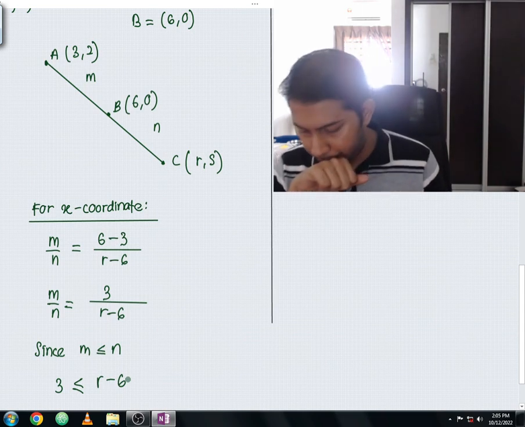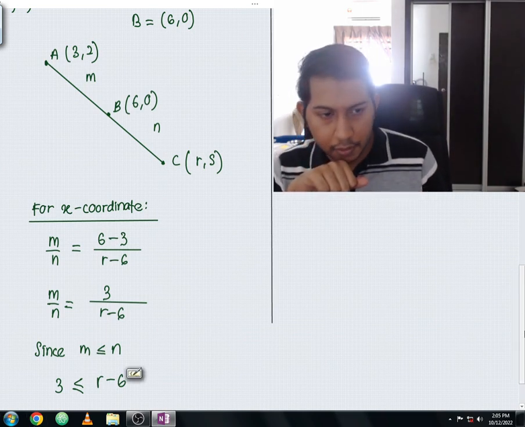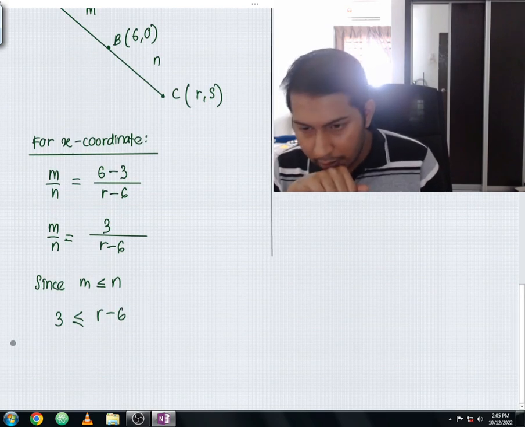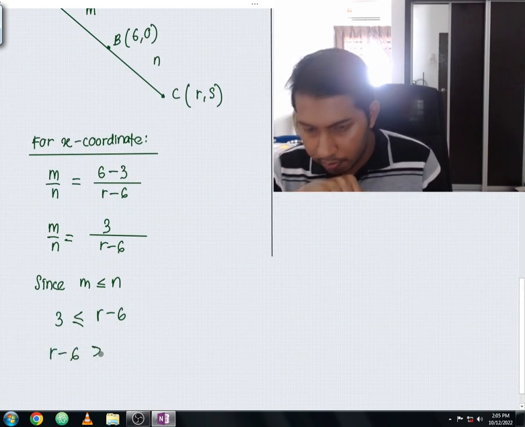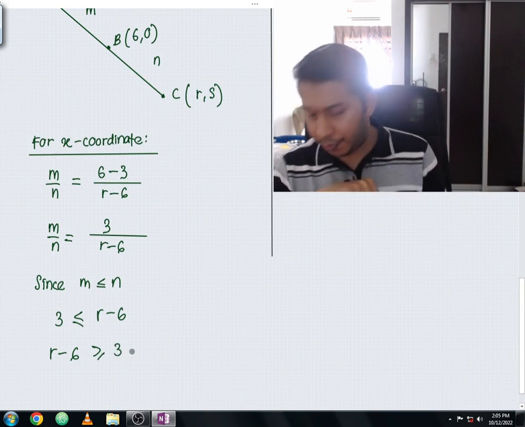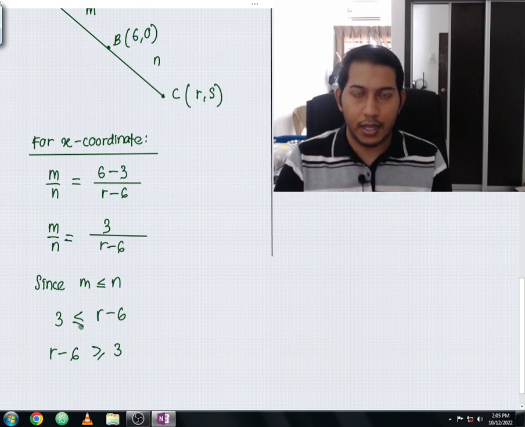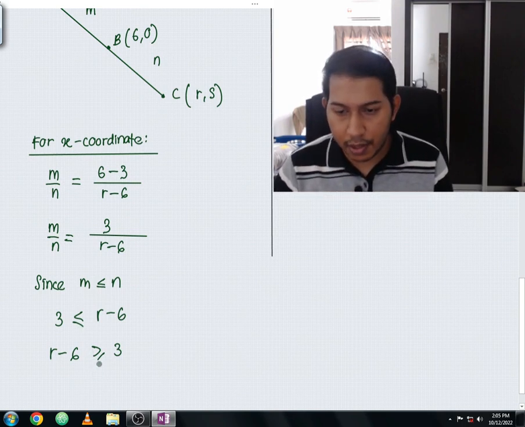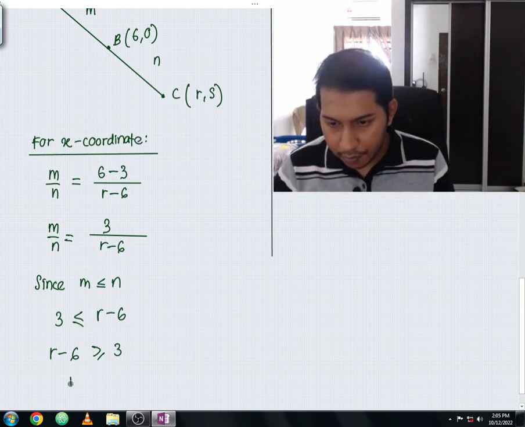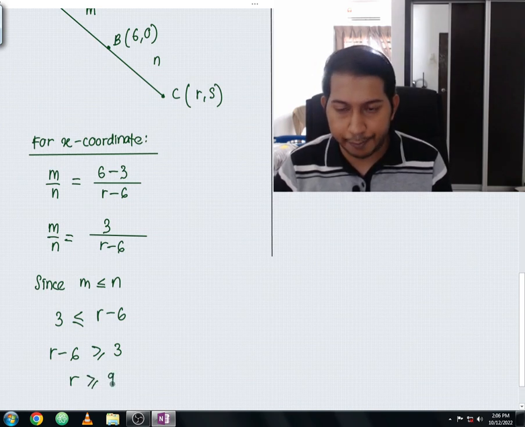Then R minus 6 will be more than or equal to 3, because we are literally swapping the inequality. So R minus 6 should be more than or equal to 3, and from here you should get R more than or equal to 9.